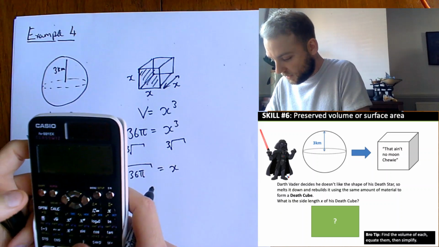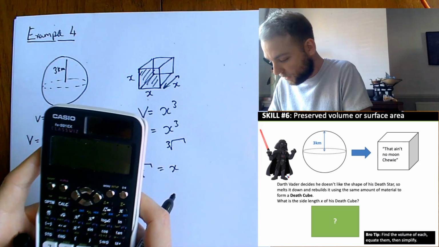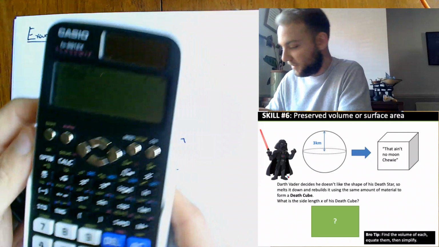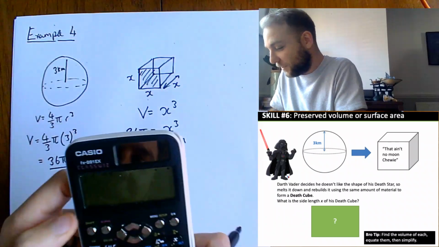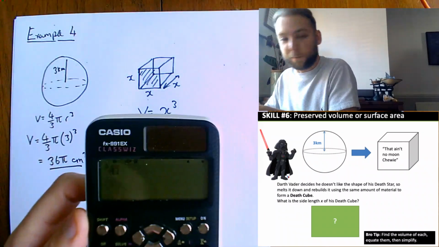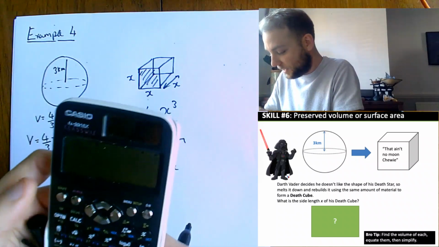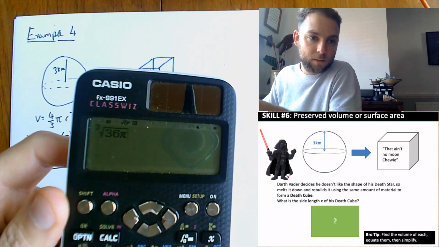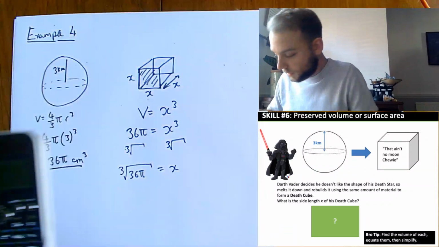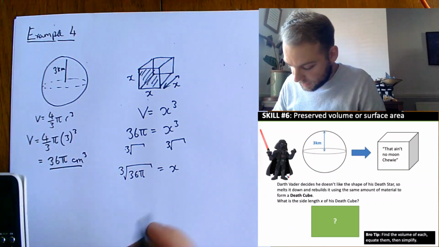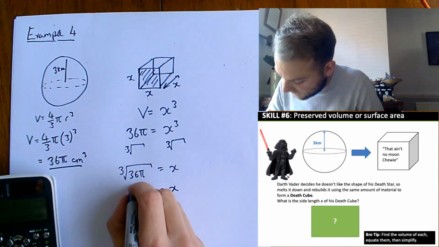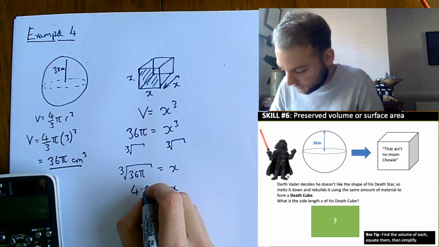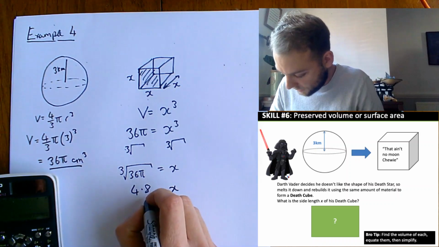So, the cube root of 36 pi, I've done it again, look. The shift cube root above it, of 36 pi is equal to x, which in this case is 4.8.